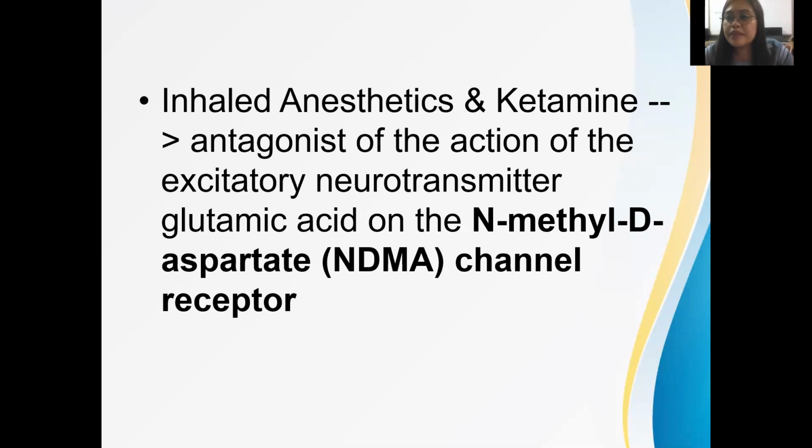Remember that this receptor is the receptor of glutamate or glutamic acid, which is also considered an excitatory neurotransmitter. But since we antagonize it using the inhaled anesthetics and ketamine, there will be no excitation of our neurons. So this is one of the contributors to the general anesthetic activity of our inhaled anesthetics as well as our ketamine.